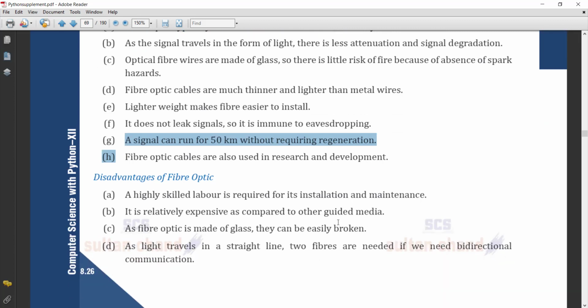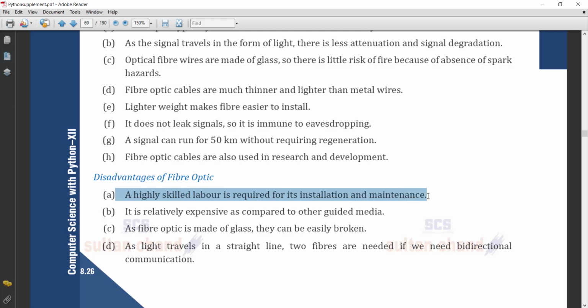Next, now we know the disadvantages of fiber optic cable. So disadvantages of fiber optic cables are: highly skilled labor is required for its installation because it is a very thin cable, and so that's why for its maintenance and if you want to install, only highly skilled labor can install this cable.